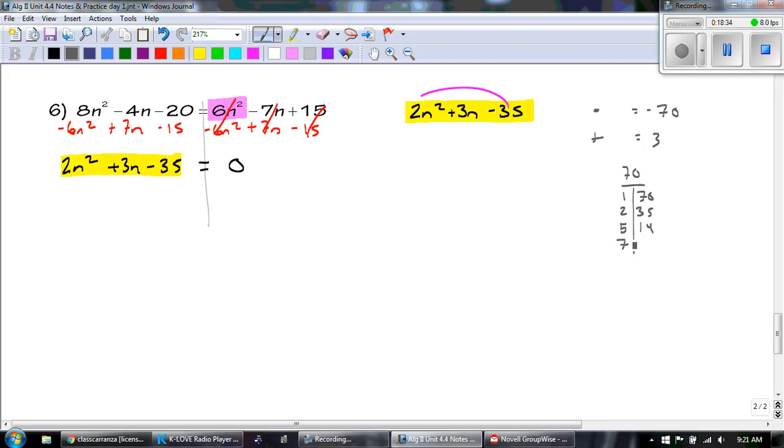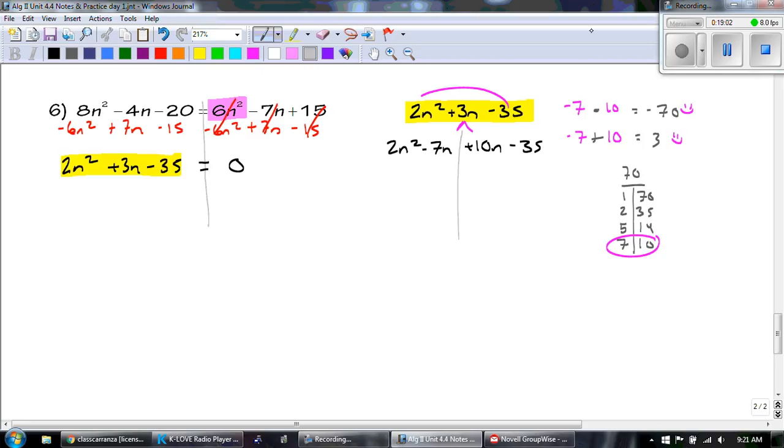And then 7 and 10. Yep, the only way to get there is 7 and 10, and one of those has to be negative. Good, the negative 7. Remember, it's got to work for both, and that's how we split it. The 2n squared minus 7n plus 10n minus 35.